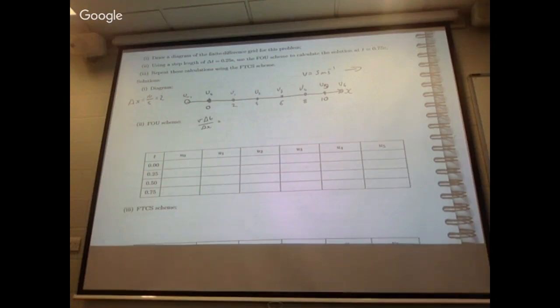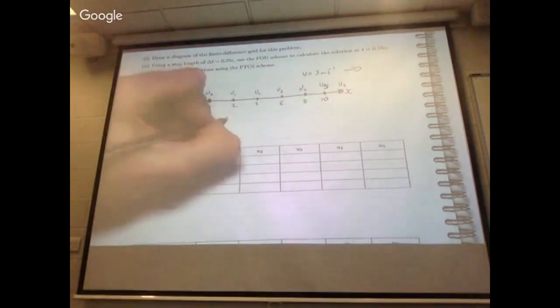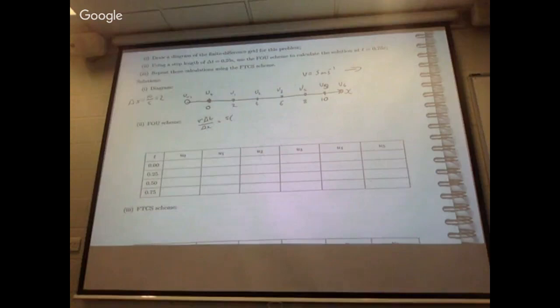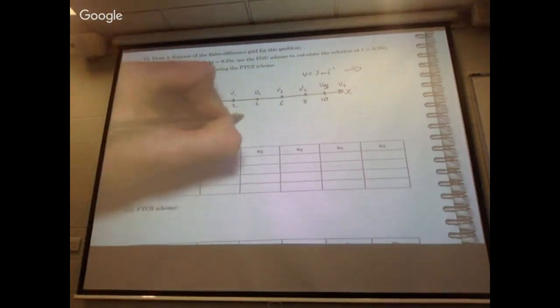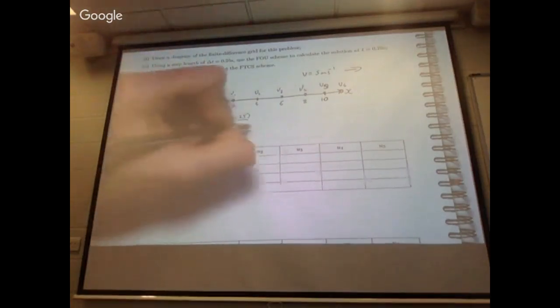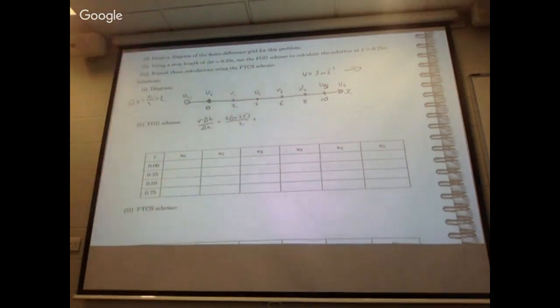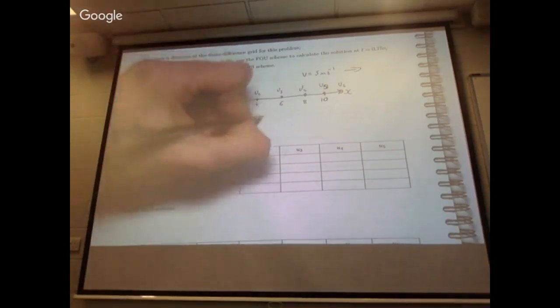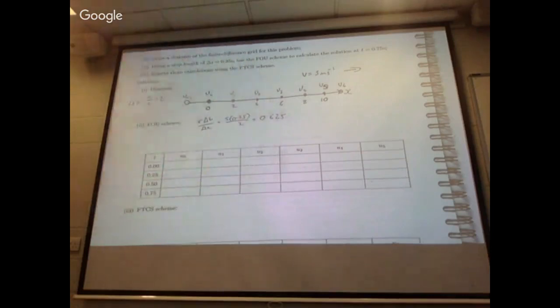That's going to be constant. There's no point calculating it again for different values. Okay, so v is 5, delta t was 0.25, and our delta x is 2. So what does that give us? 5 times 0.25 over 2, 0.625.